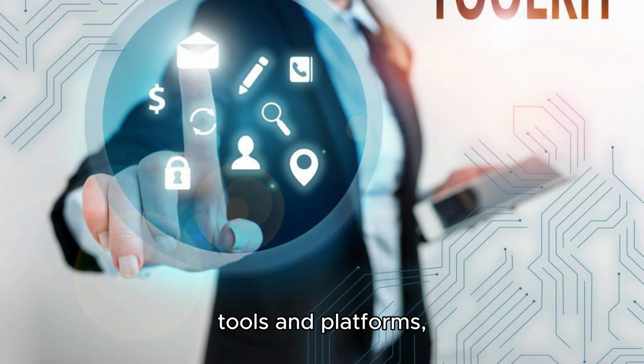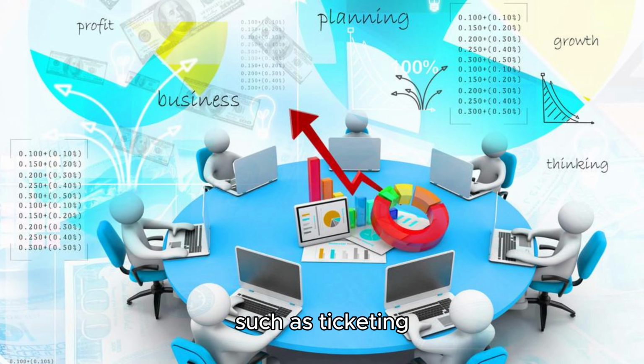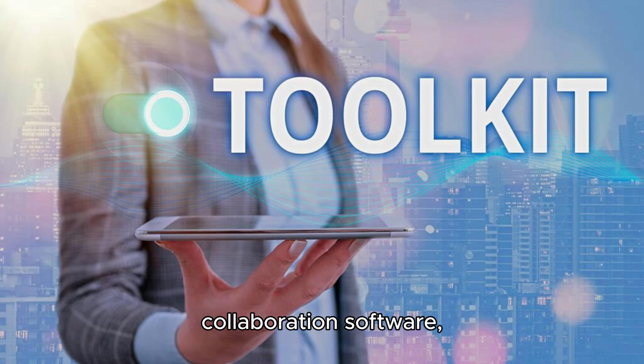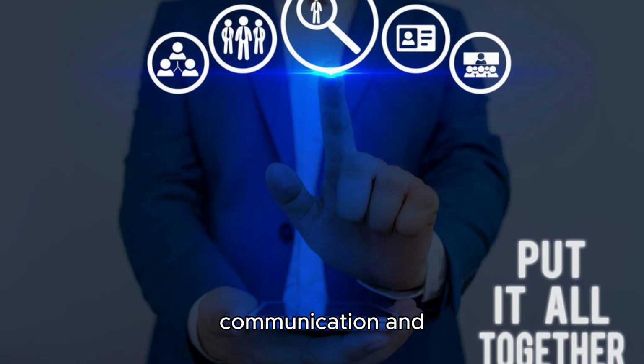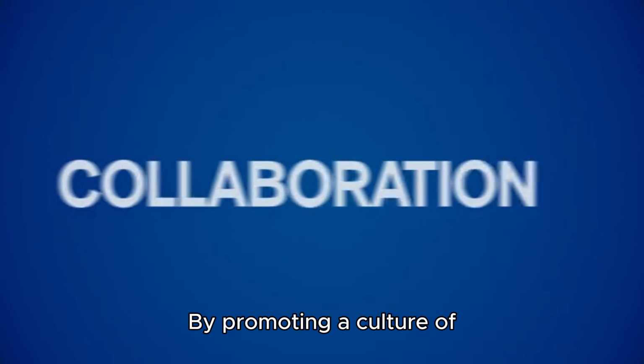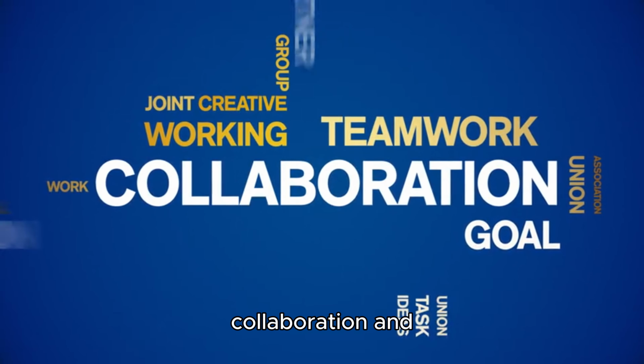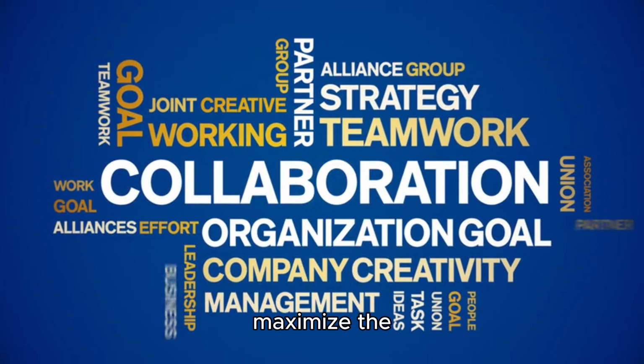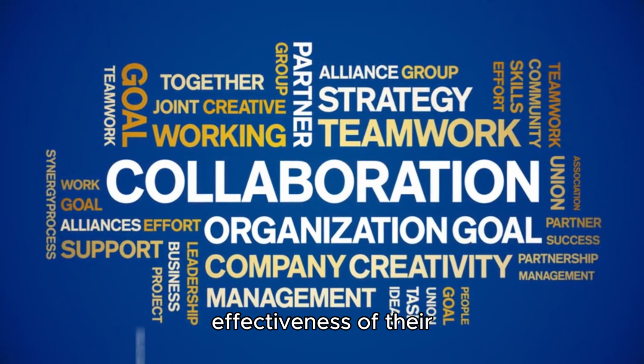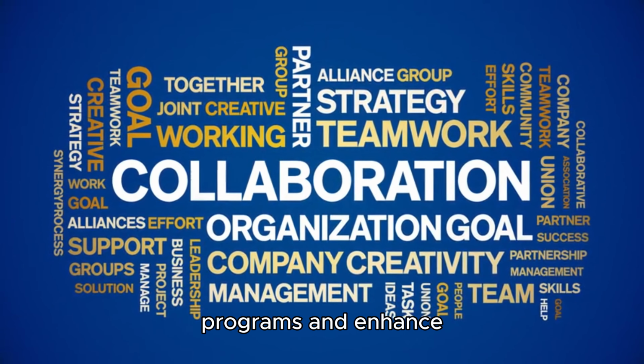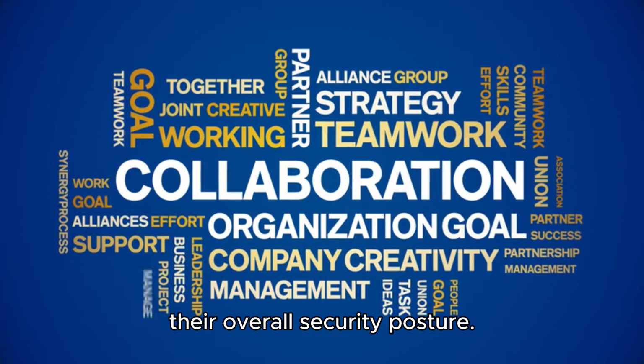Implementing shared tools and platforms, such as ticketing systems and collaboration software, facilitates communication and coordination between security and IT teams. By promoting a culture of collaboration and teamwork, organizations maximize the effectiveness of their vulnerability management programs and enhance their overall security posture.